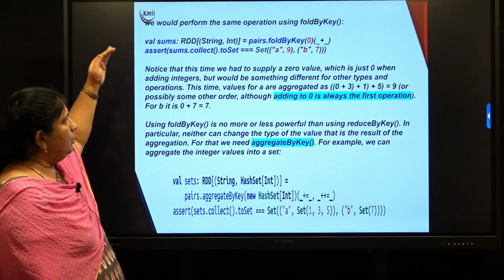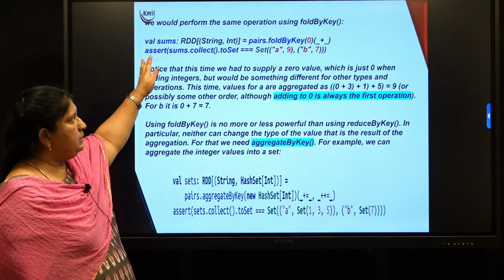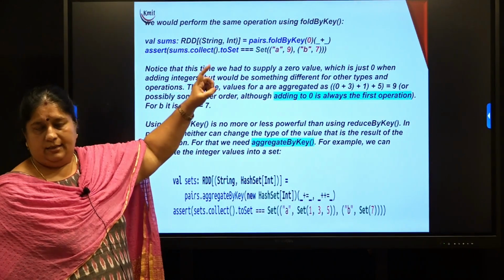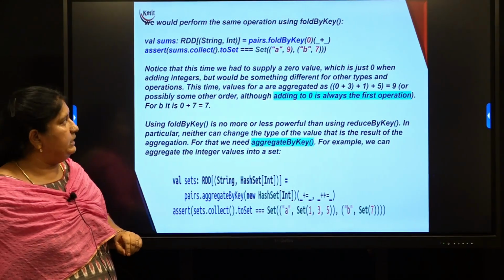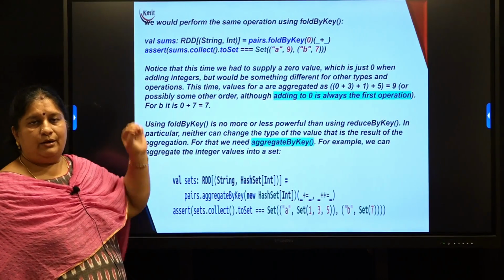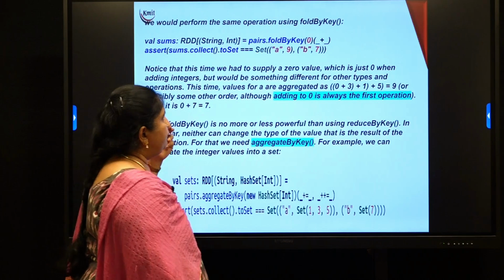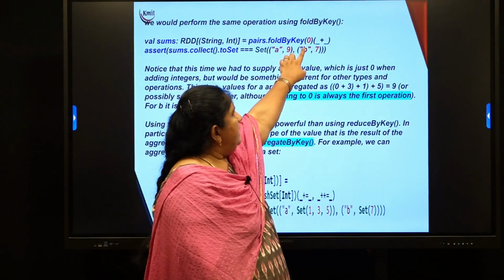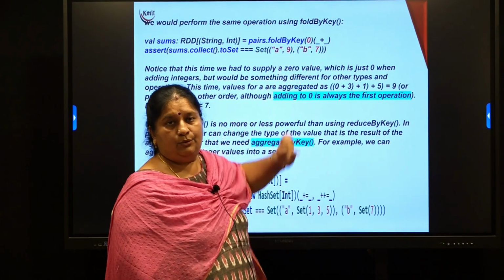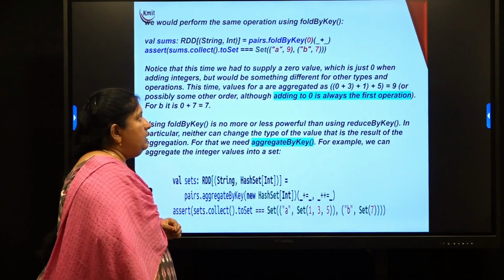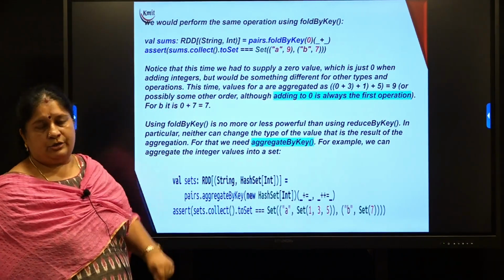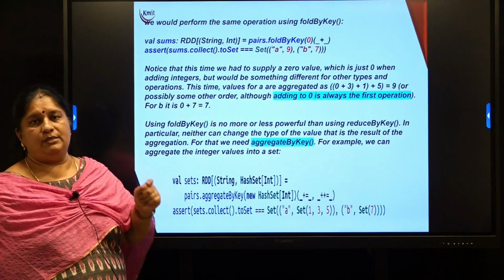Then we want to work with the same operation using foldByKey. This is the second operation on aggregation. What is the difference between reduceByKey and foldByKey? Whenever we are working with foldByKey, you submit an additional operand 0. What is the meaning of that one? For every value you are trying to work with, 0 will always be a match.